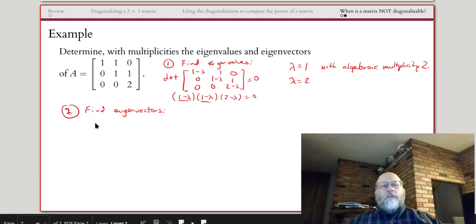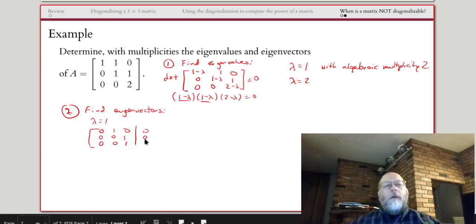And so we have two systems of equations to solve. So when lambda is equal to 1, we get 0, 1, 0, 0, 0, 1, 0, 0, 1. And when lambda is equal to 2, we get negative 1, 1, 0, 0, negative 1, 1, and 0, 0, 0.